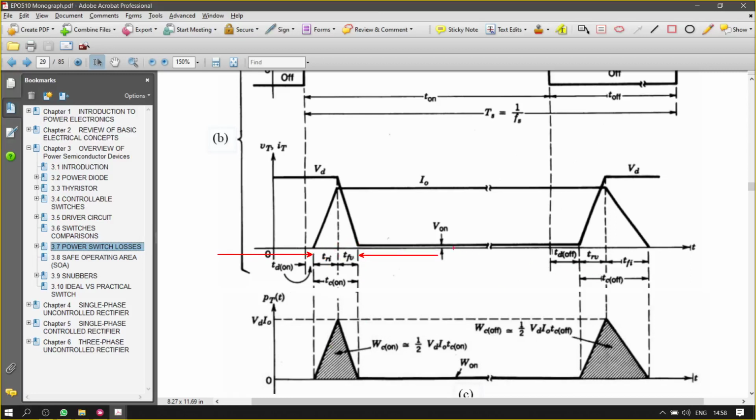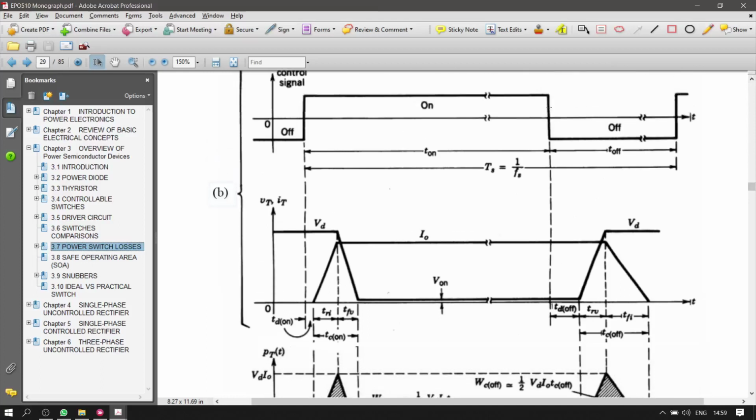In practical, there is a small voltage here, a small conduction voltage, and current starts to flow in the device. And then look at the turn off. At the turn off, even though you give a pulse to turn off at this particular point, the switch will effectively turn off only after the delay time here.